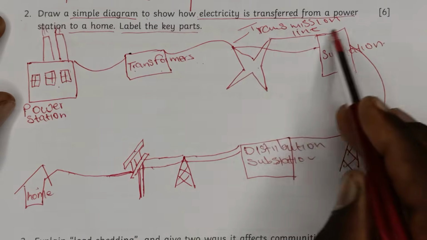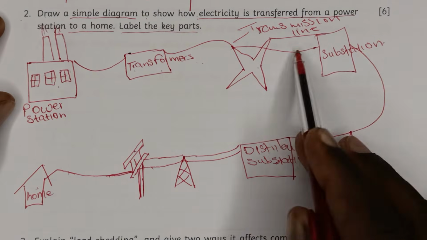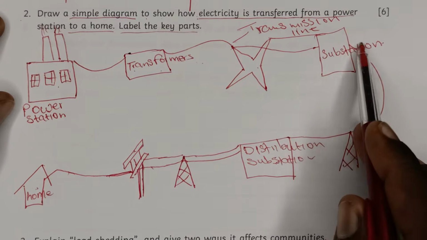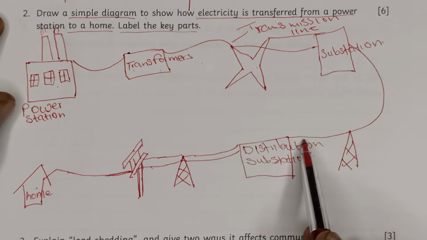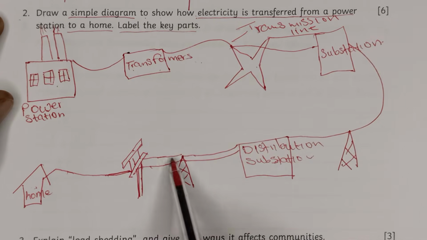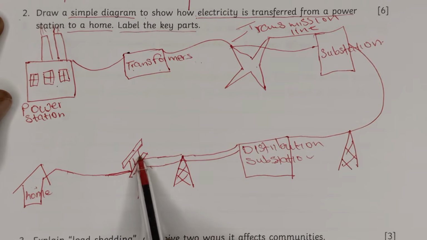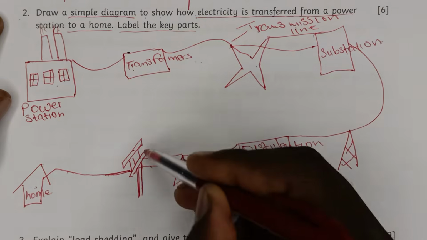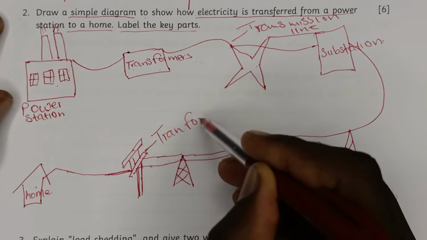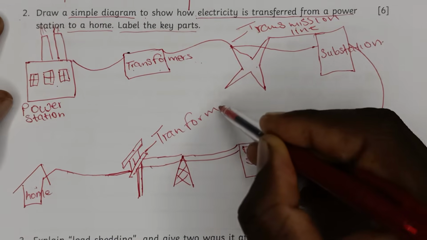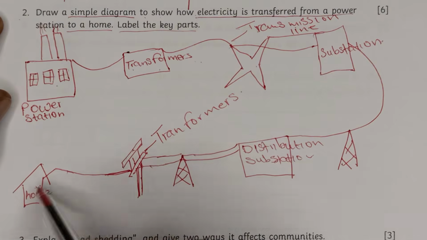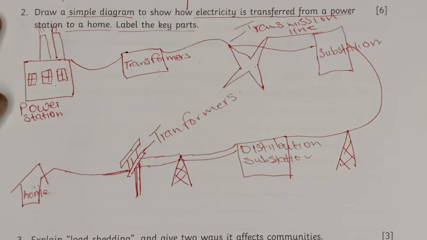They use transmission lines to transmit the electricity to the substation. From the substation, it comes to the distribution station, then to the poles. The poles have got the transformers. And then from the transformers, it goes straight to your home.